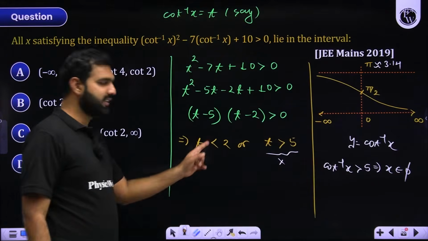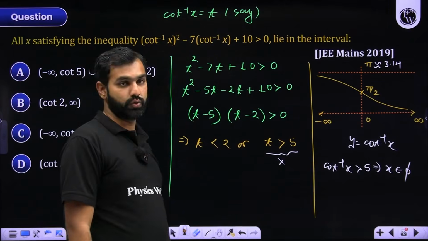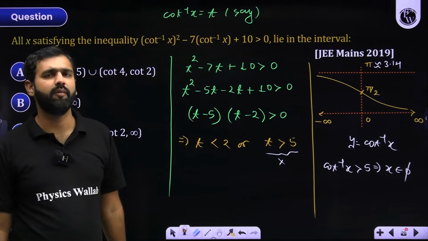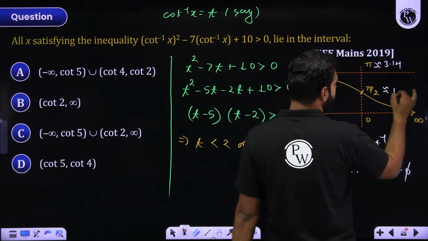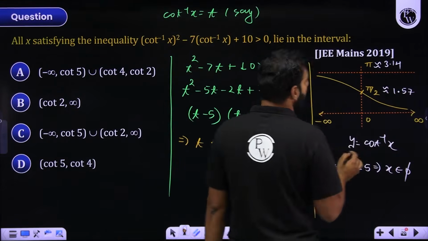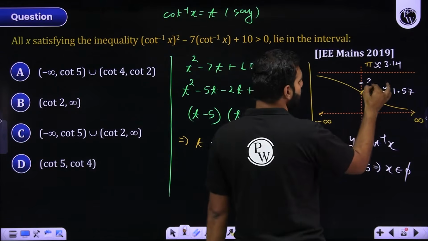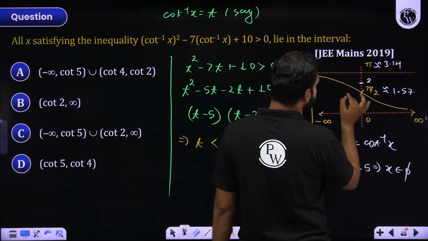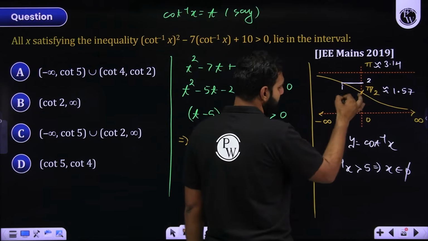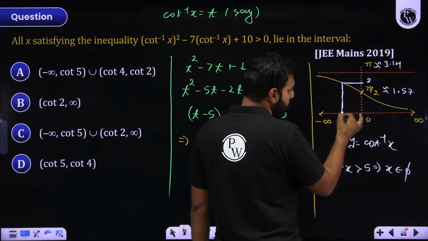But if I talk about this front, t less than 2, then can you help me with the approximate value of 2? See, if this is 3.14, this is approximately 1.57. So above 1.57, I'll be seeing a 2 here. So this is the value of 2. Corresponding to 2, this is a point. What can you say about this point?